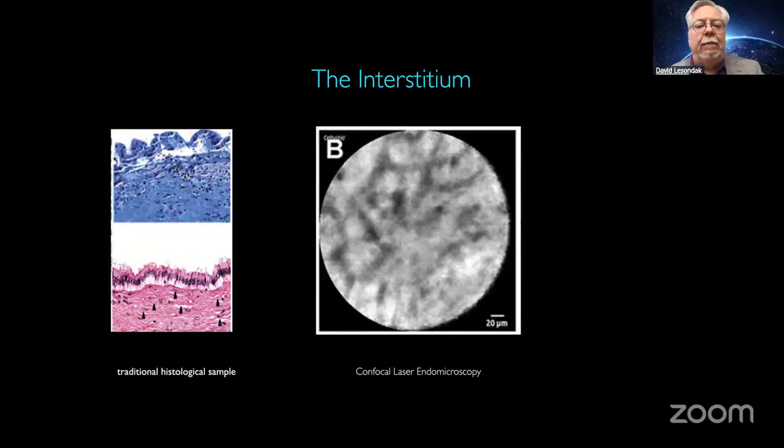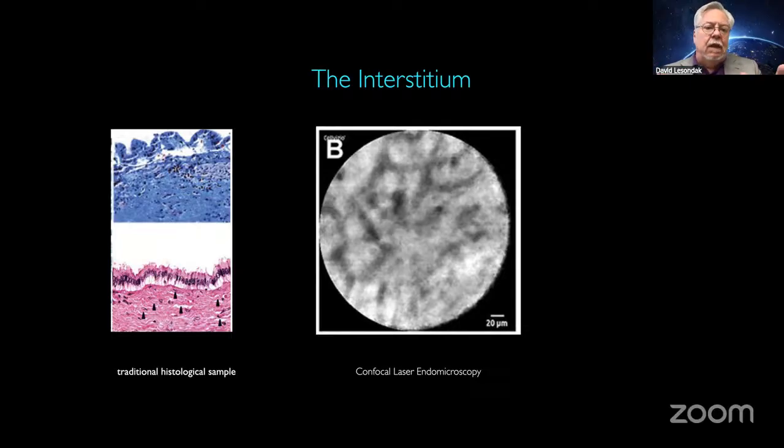But then one day, somebody used a confocal laser endomicroscopy. So this is a way of analyzing tissue by swallowing a dye that lights up the tissue, and then you put a sensor on it, a confocal laser microscope to be precise, and you get an image like this.